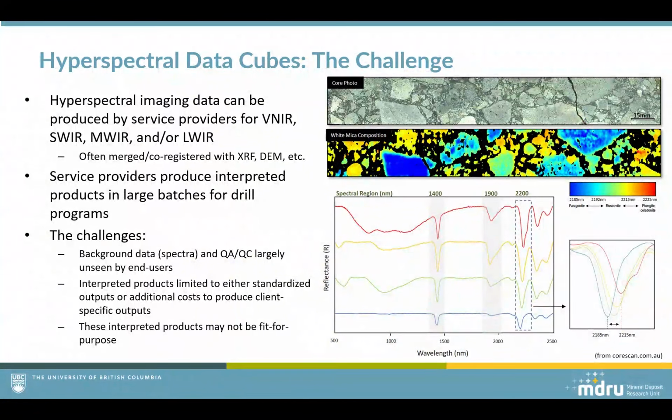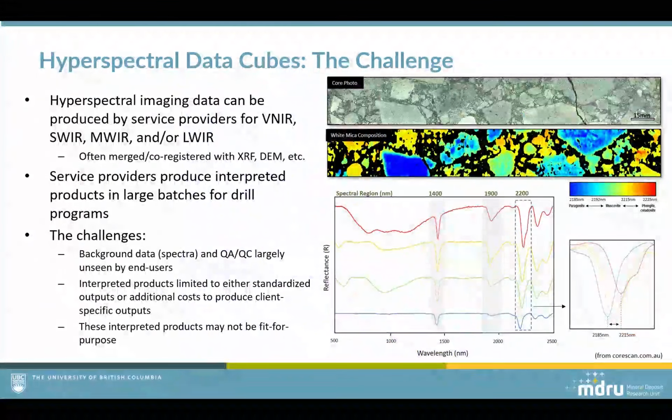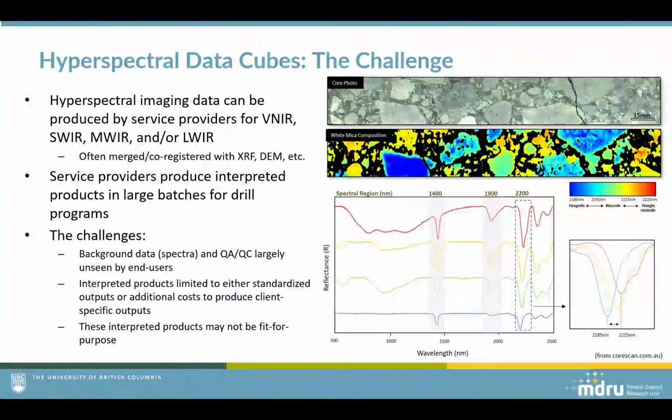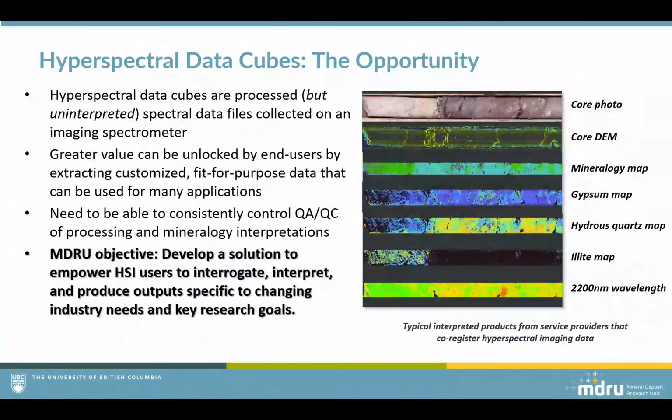But at the end of the day, what we're really missing here are products that can be fit for purpose depending on what you're actually doing in your project. So some of the opportunities that we see: hyperspectral data cubes are processed data that come off of an imaging spectrometer, but they're uninterpreted.